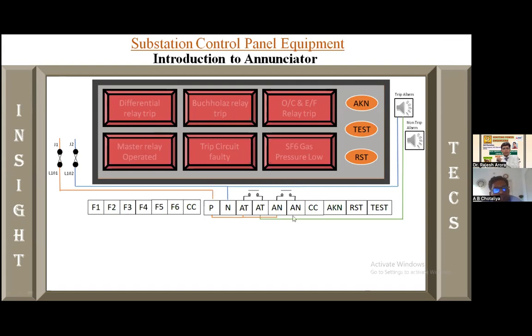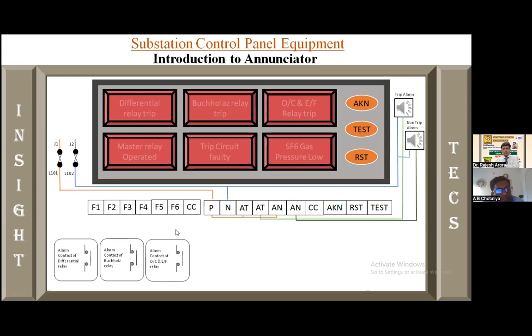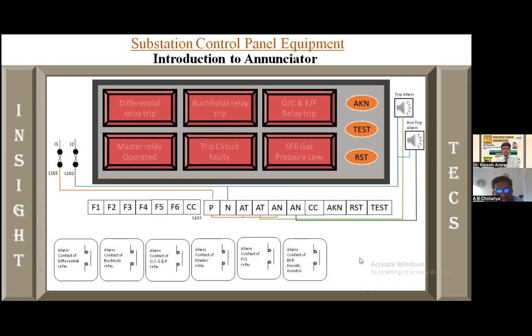Here the auxiliary wiring of the annunciator is done, but for the window wiring we need to connect each and every relay's contact, right? Here the differential relay is here, so we take the common from the CC and give it to each and every relay, and then we take another wire from the other contact and give it to F1.